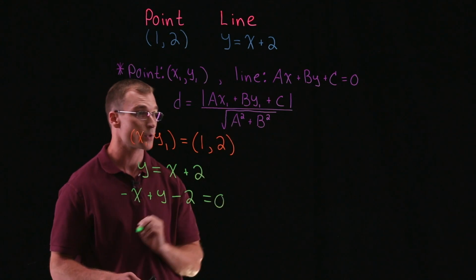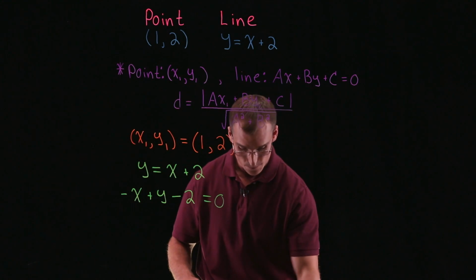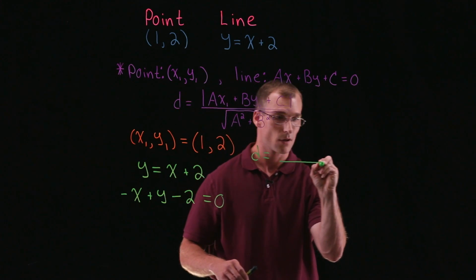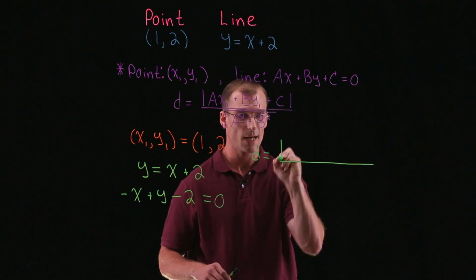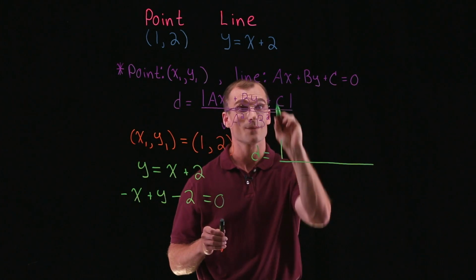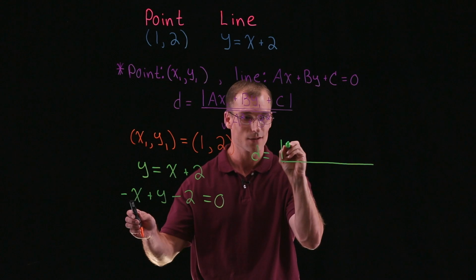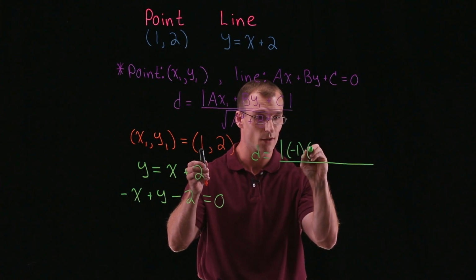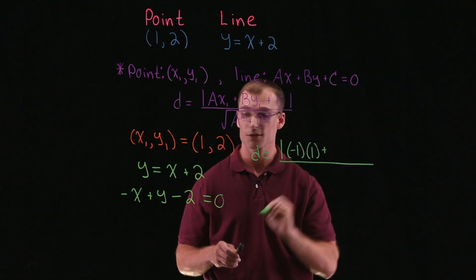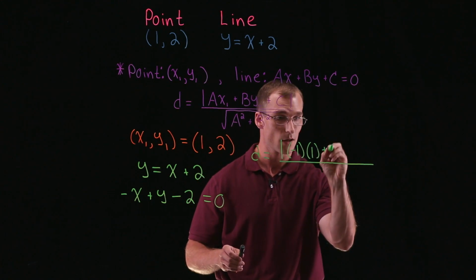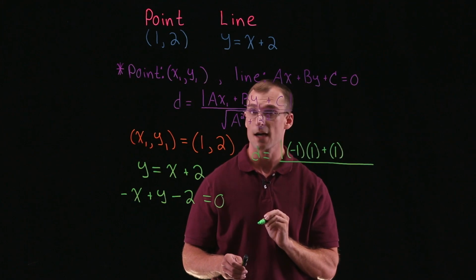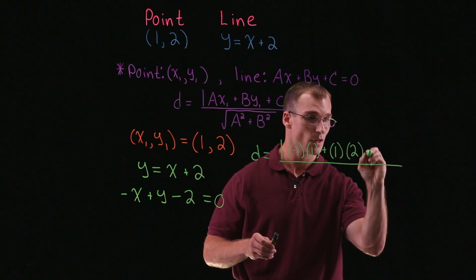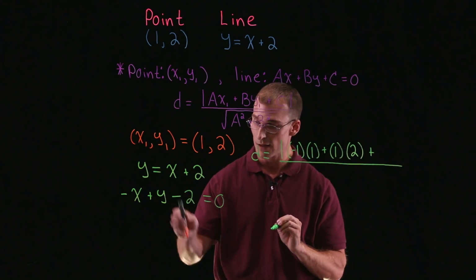And now, like we said, we're just going to go ahead and plug everything in. So our distance, d, is going to be equal to this quotient. On the top, the absolute value of a, the number in front of x, which is negative 1, times x1, which is positive 1, plus b, the number in front of y, which is positive 1, times y1, which is positive 2, and then plus c, which is our negative 2.